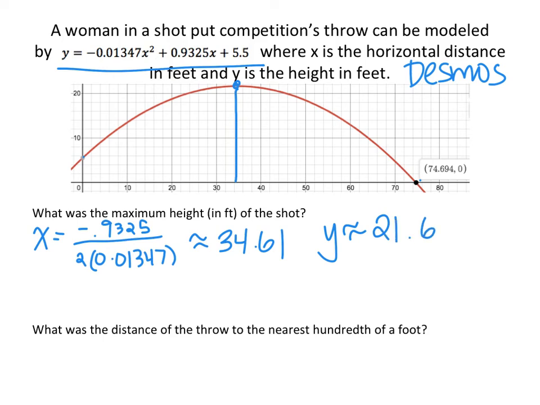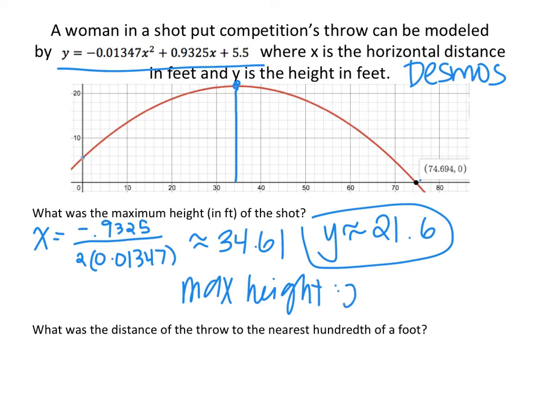Whenever you're unable to determine it exactly using the graph, you can always find your max height algebraically, if you're given an equation. So what is the maximum height? Max height is 21.6 feet.